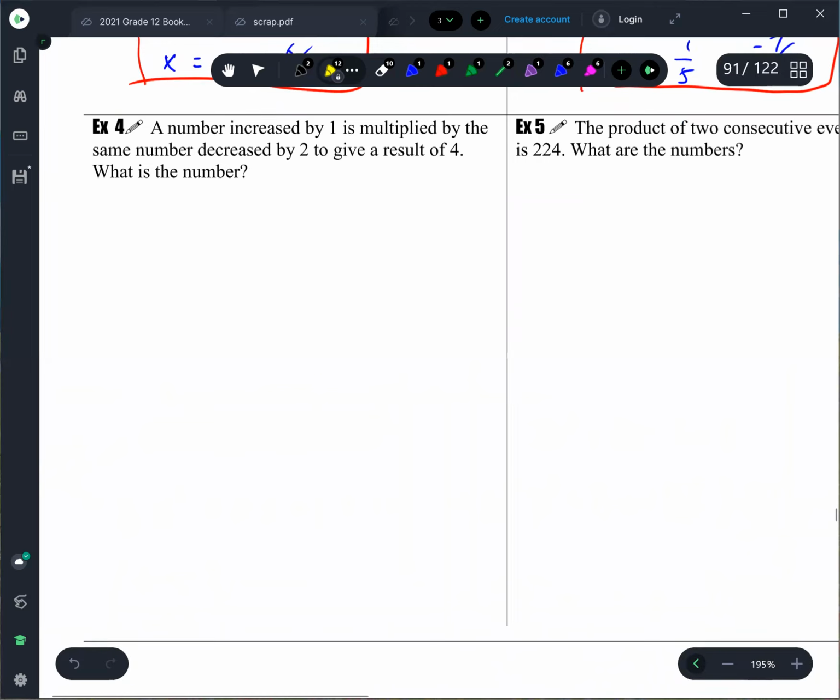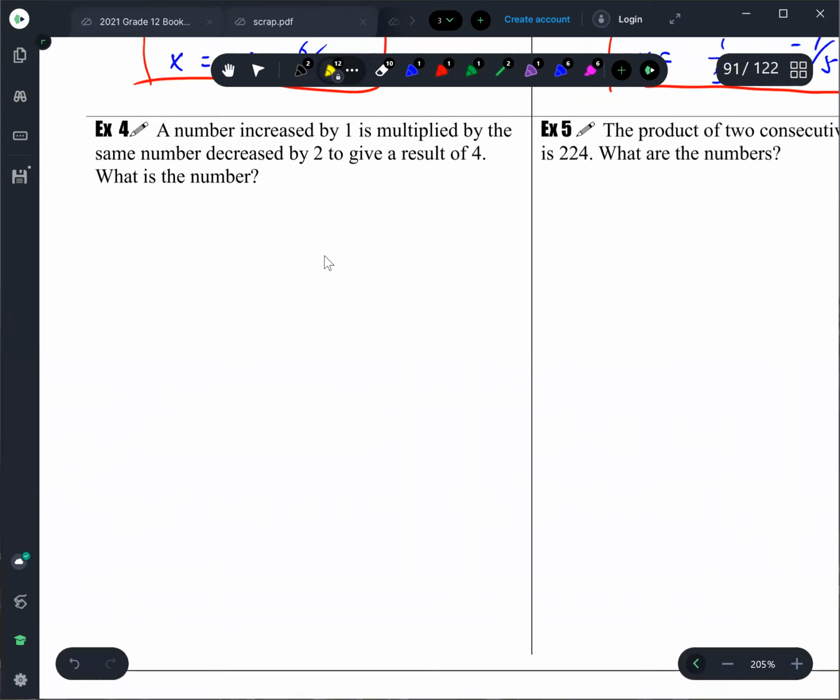Question 4. Geoffrey, can you read this question out? Question 4. A number increased by 1 is multiplied by the same number decreased by 2 to give a result of 4. What is the number? Okay, so this one very clearly tells us to find the missing number.